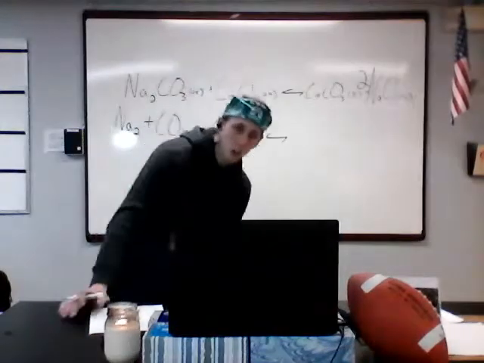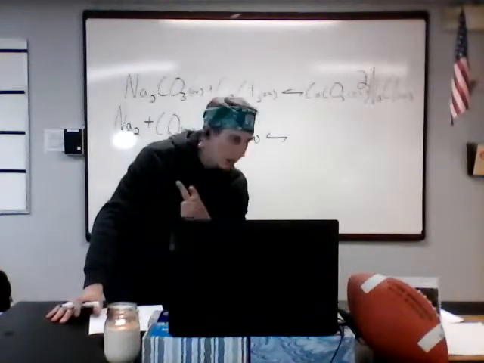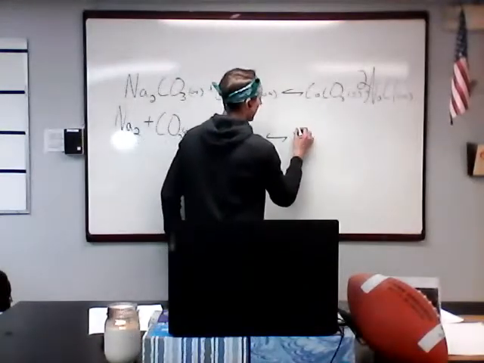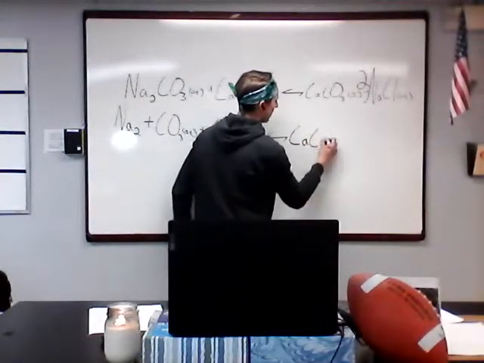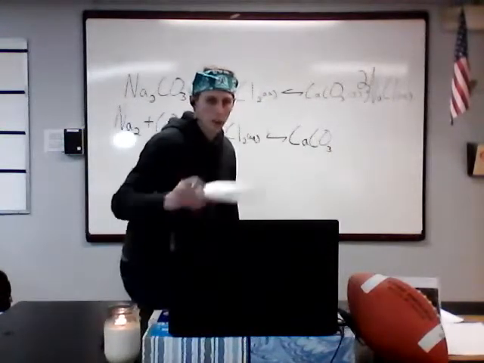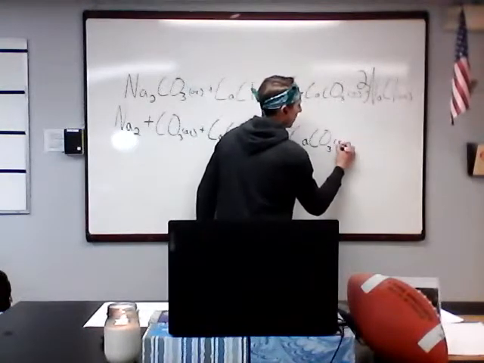I've already told you, you can't break apart water and you can't break apart solids. This is a solid, so we can't break it apart. It's going to stay together here. So CaCO3. Make sure you're writing this on your paper as well as your worksheet. I'm working it out with you guys today. That's going to be a solid.